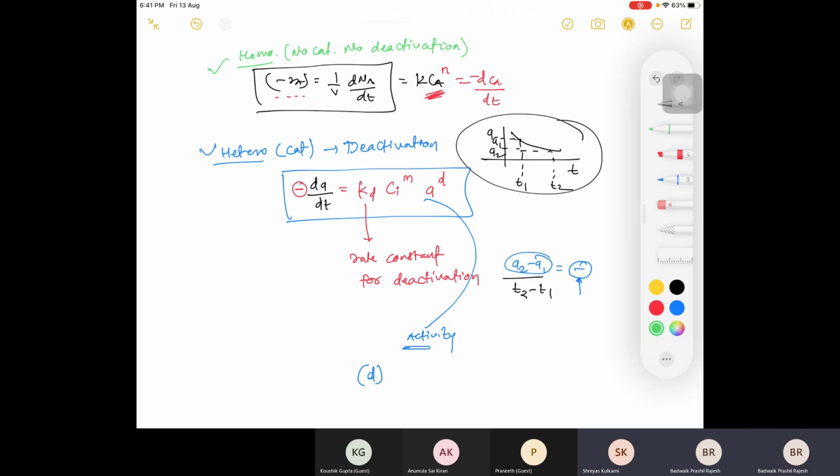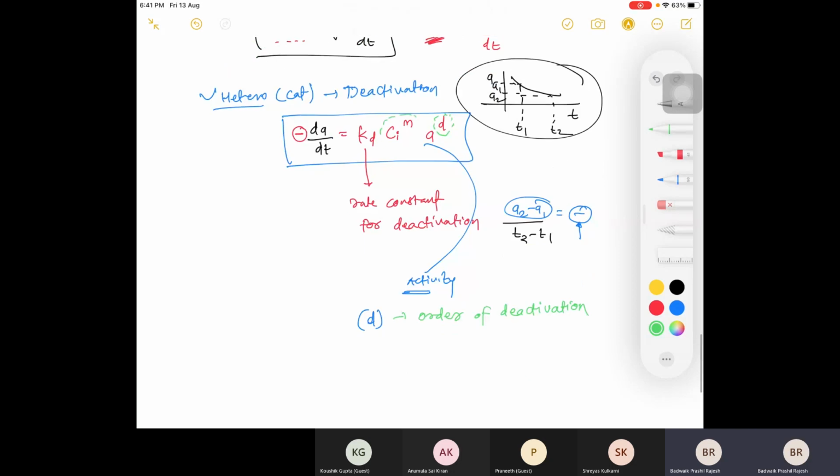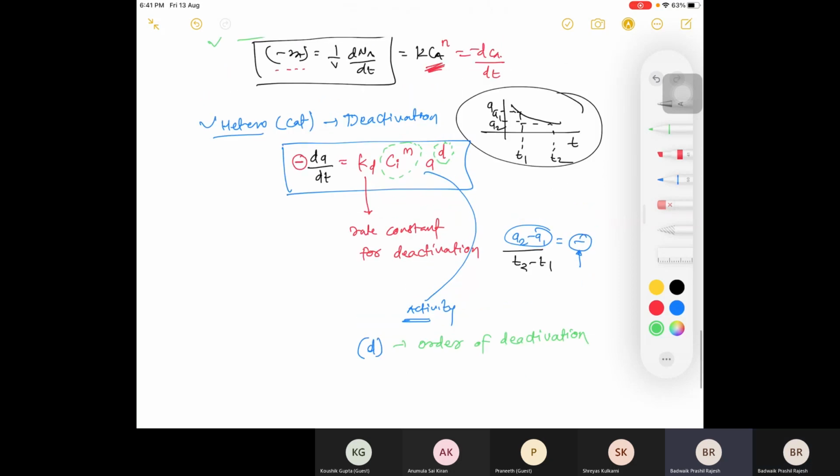It was the order of reaction. So what do I mean by d here? d means order of deactivation.